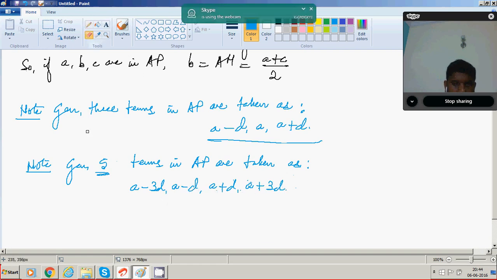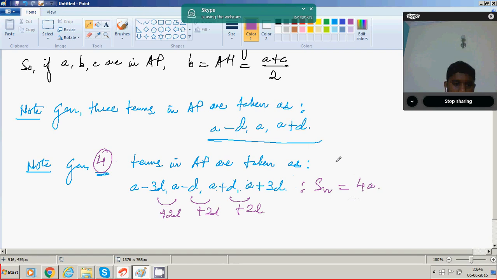Generally, four terms in AP are taken as, right, Anubhav? Yes, sir. So here, what we are doing is we are adding 2D to the current term and generating the next term. Be careful. The advantage of this is that the sum of such 4 terms is 4a.